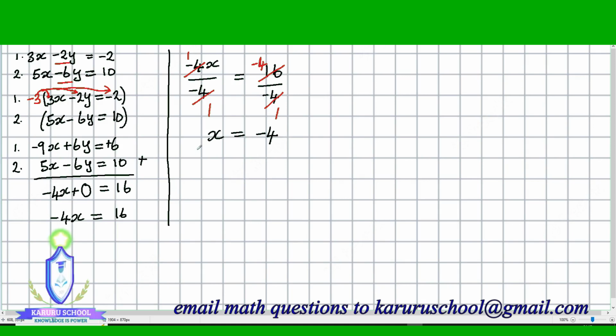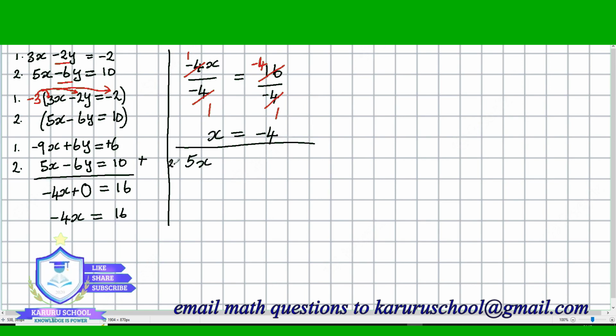Now, after obtaining the value of x, we need to substitute this value into one of the original equations for us to be able to get the value of y. So in this case, we can take equation 2 and substitute the value of x to find the value of y. So we have 5x as equation number 2 minus 6y should be equal to 10.